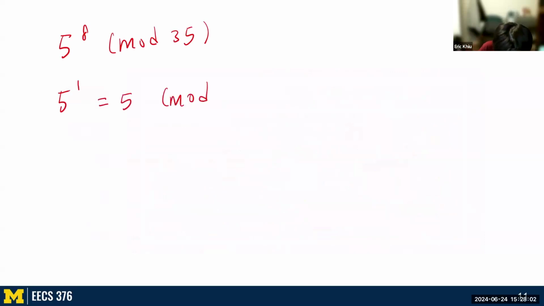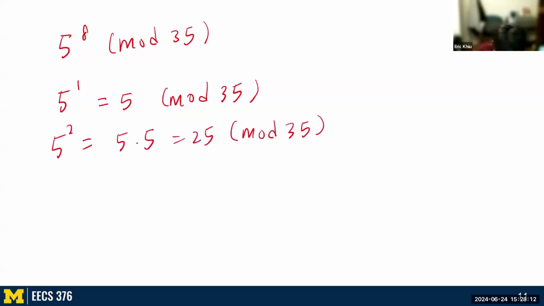So now we want to compute 5 to the 8 in mod 35, right? Remember from last week, we compute 5 to the 1 is 5 in mod 35. Then 5 squared is 5 times 5, which is 25 in mod 35.